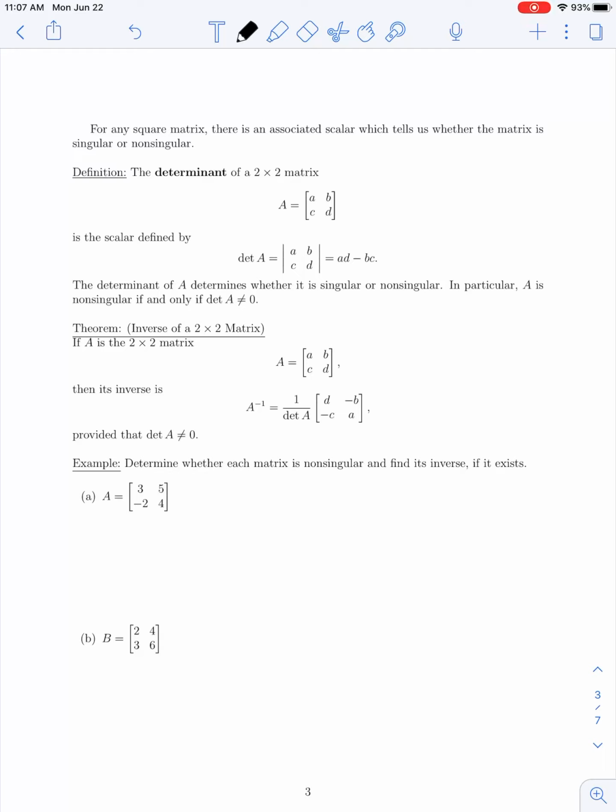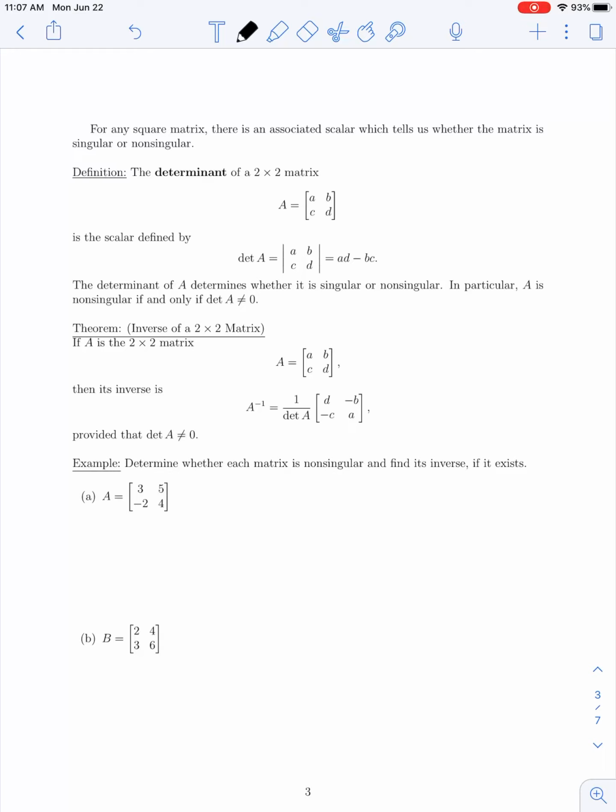Now, the question becomes, well, how do we find the inverse of a given matrix? Or more importantly, if we have a matrix, can we determine whether it is invertible? Does an inverse even exist?